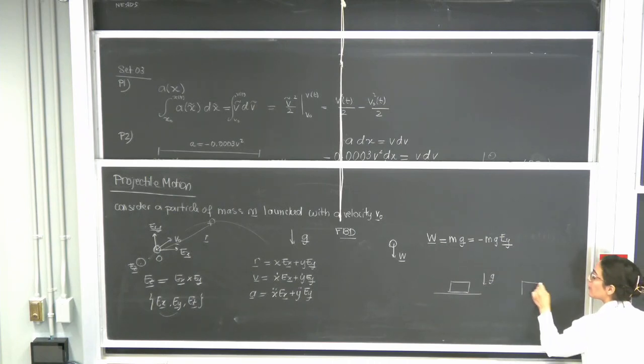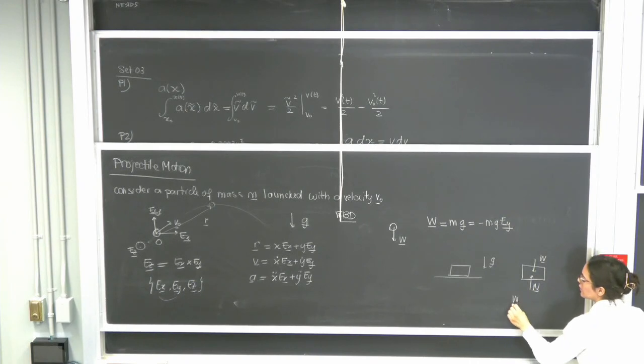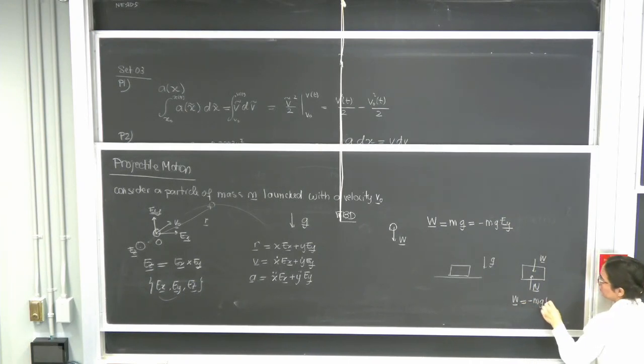First I'll draw the box on its own without the surface, and then I'll draw the forces. How many forces are acting on the box? 2, the weight and the normal. The weight is equal to minus mg Ey, and the normal is equal to N Ey.